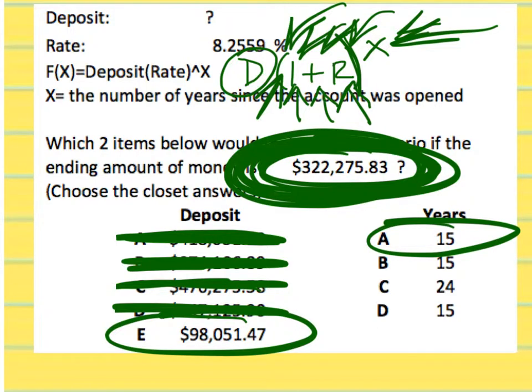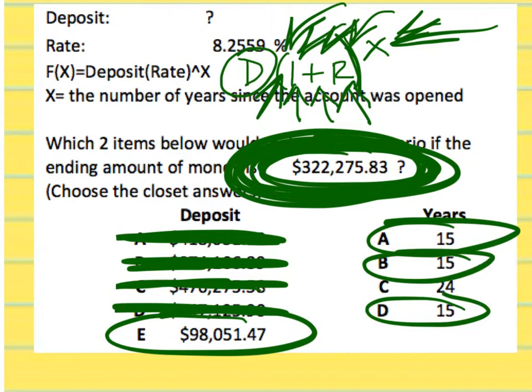If you did that and hit enter, what did you come up with? You got the ending amount. So it's 15 years. And in this case, since we have 3 different items in here that are 15 in that column, you could choose any one of those and it would be right.